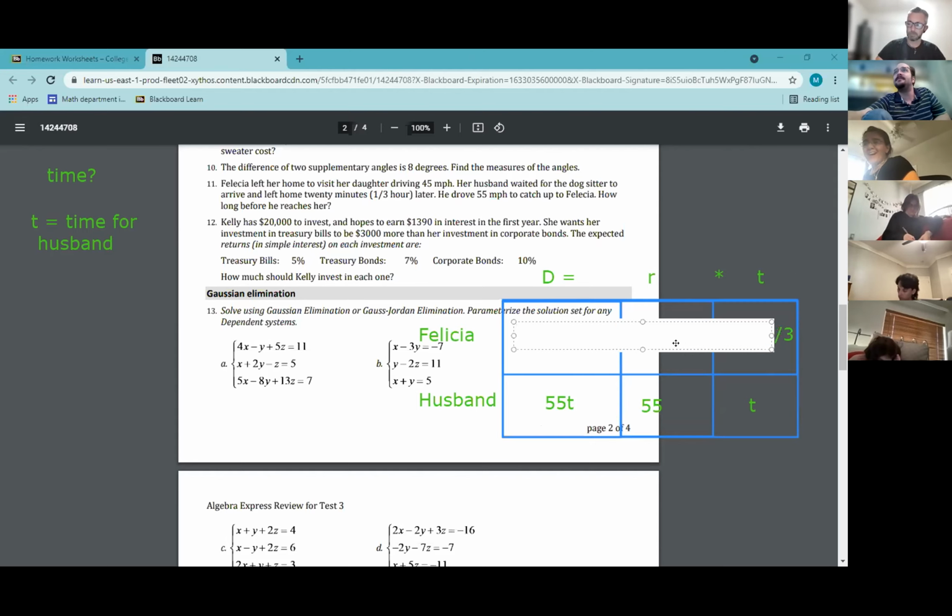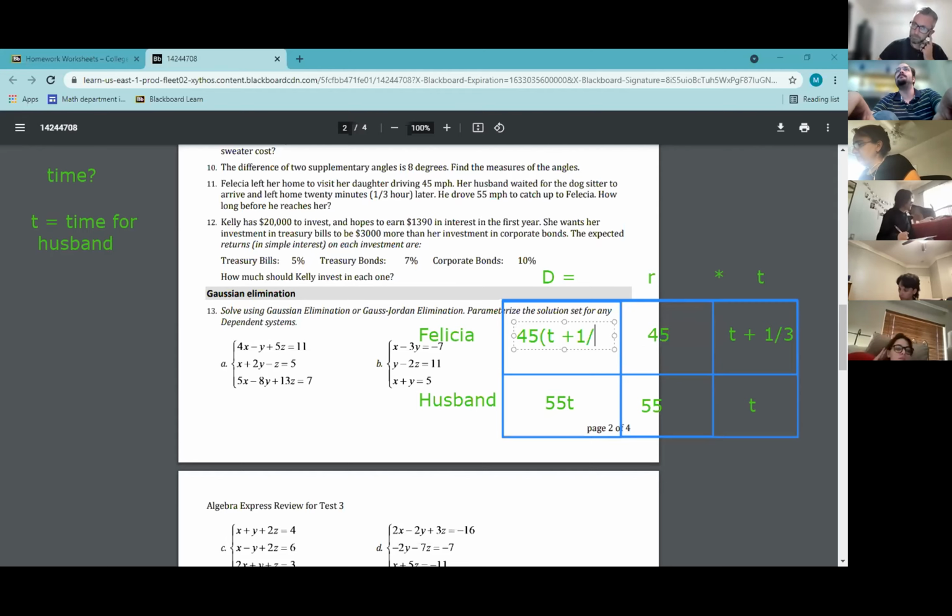So what is Felicia's rate? If her husband is 55 T, Felicia's is 45 times parentheses T plus 1/3. Are you doing T minus 1/3 for the husband? Yes, I did that for the husband. Okay, then you're finding Felicia's time. The way you have your table set up, you'll still find it.